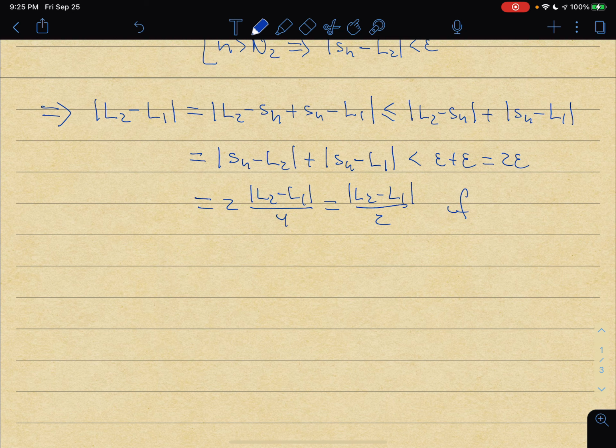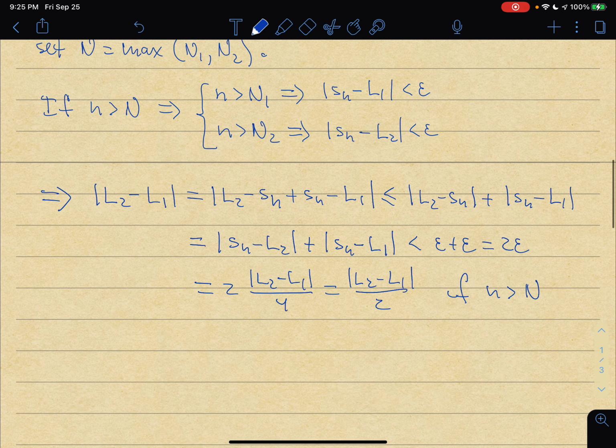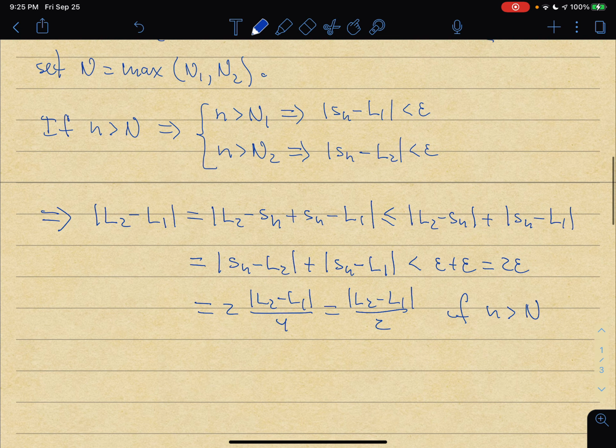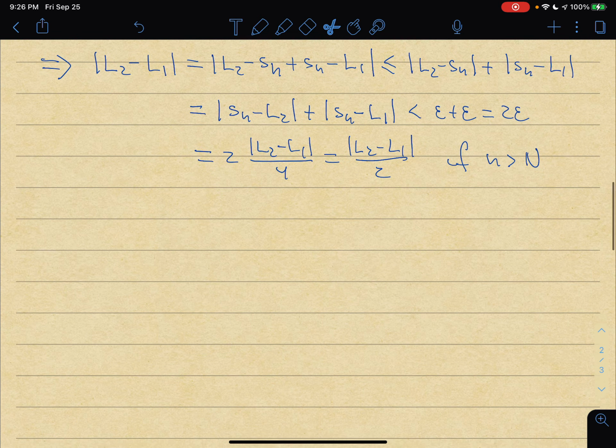So if n is bigger than capital N. Not surprising, because if n is bigger than capital N, then Sn is closer than epsilon to L1, and Sn is closer than epsilon to L2, which means that the distance between L1 and L2 should not be bigger than 2 epsilon. And epsilon is (L2 - L1)/4.